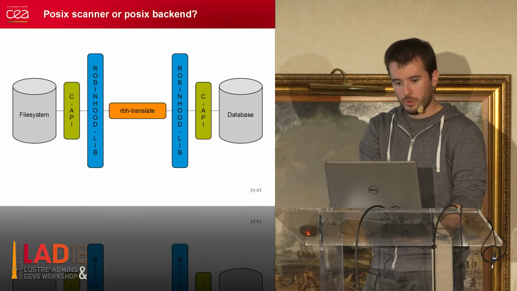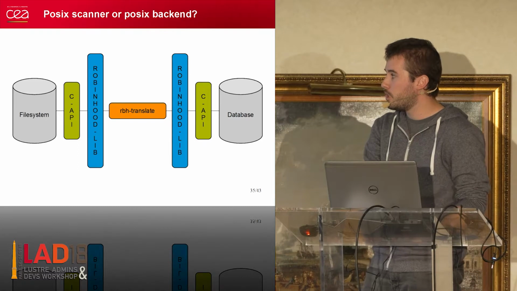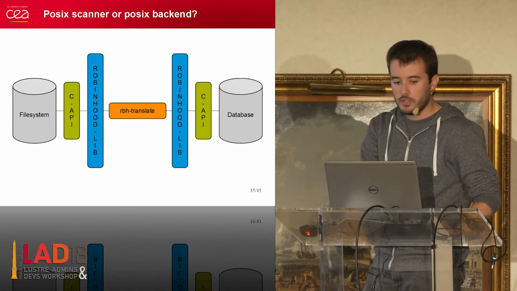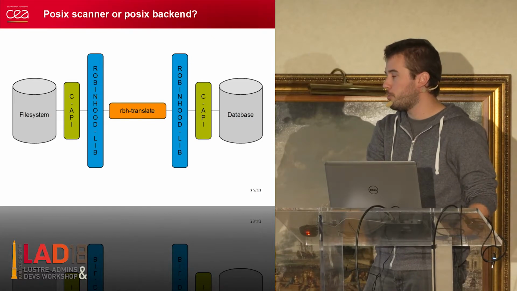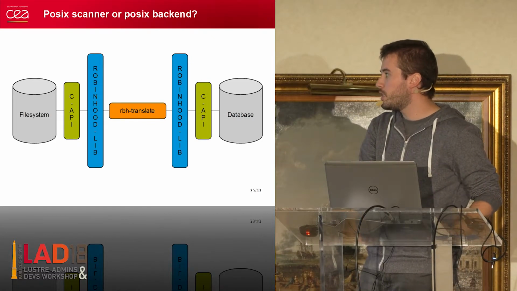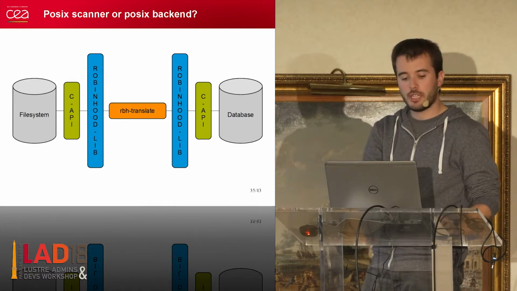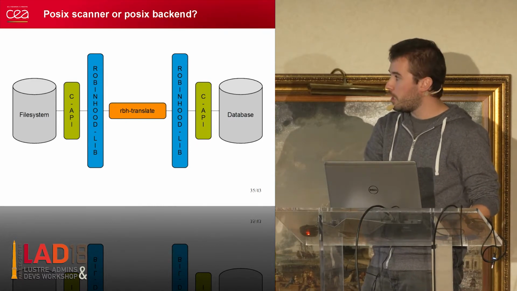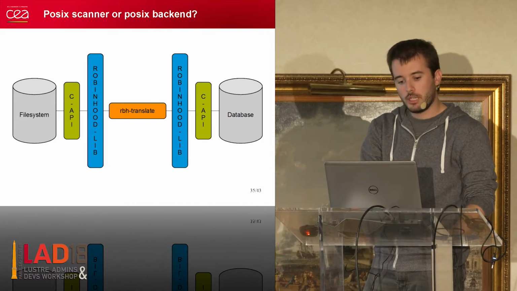But what I'm really interested in doing is maybe I could implement the file system as just another backend for Robinhood. So I would have to implement a C API and put the Robinhood library on top of it. But from there, it gets really easy to just pull the data out from the file system, and the application, in this case RBH Translate, would really be a simple one.